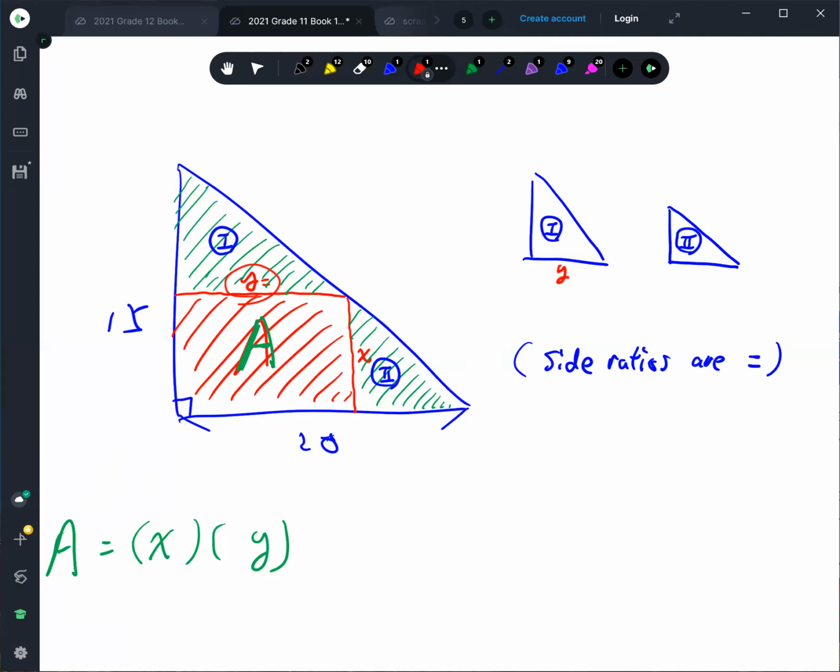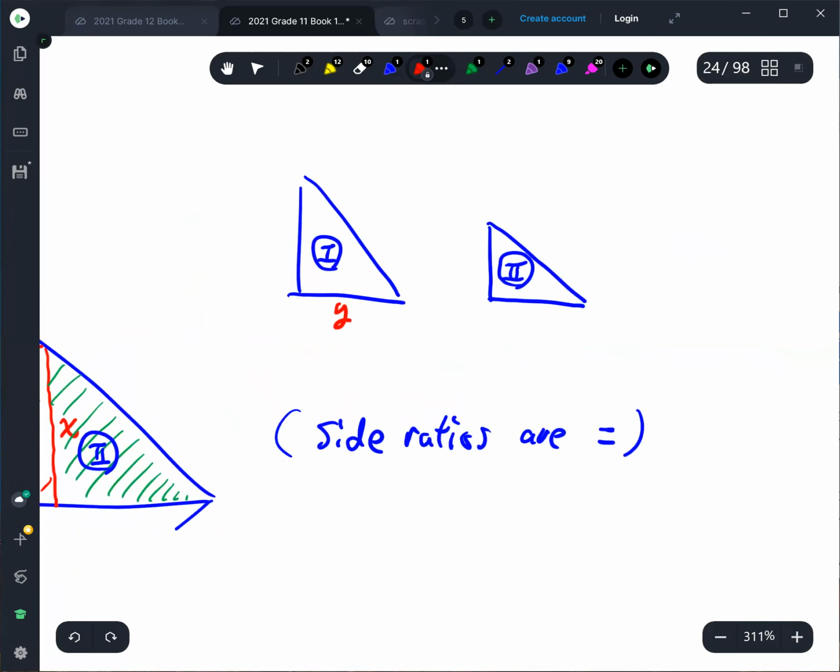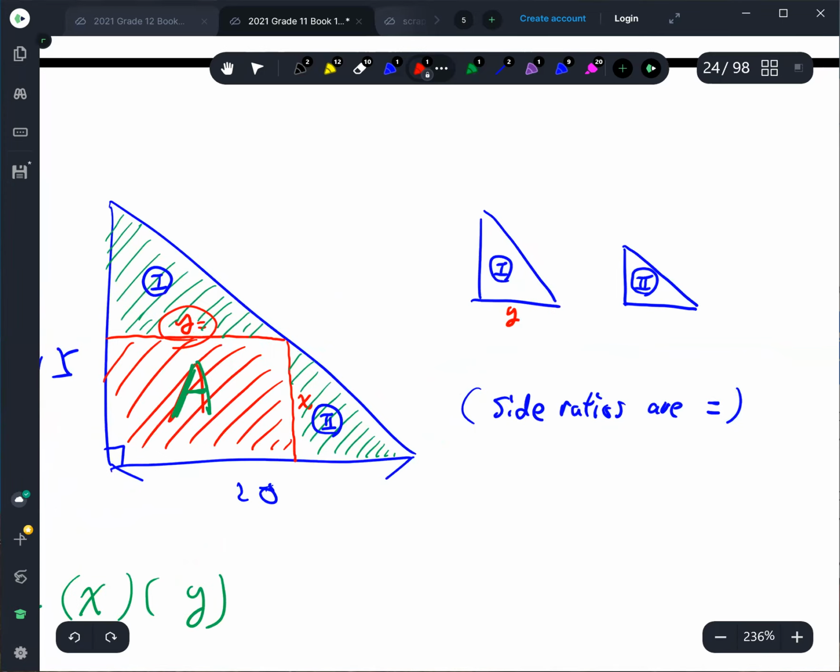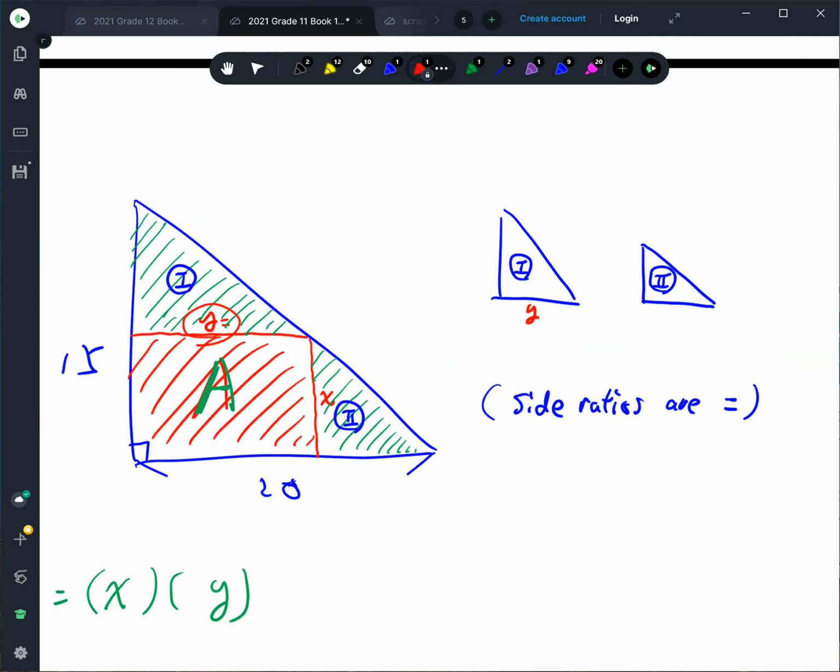The x is on the other side. Can you put it in the picture for me? Where's the x? Is it still in the first triangle? It's still a part of the first triangle, but the x should be here. Yeah, but it's not on the first one, it's on the second one, right? Because x is not touching the first triangle.